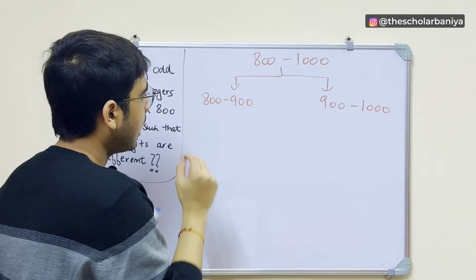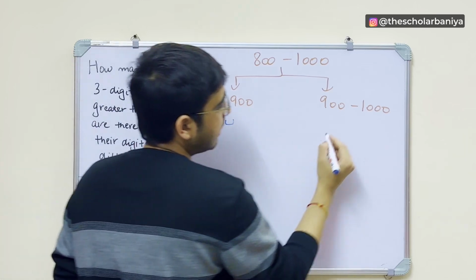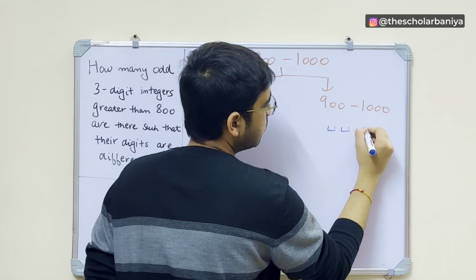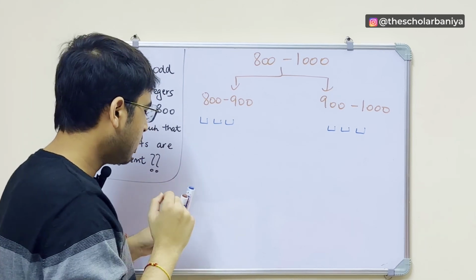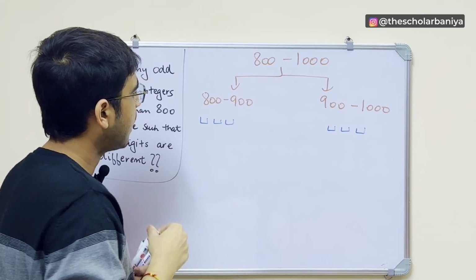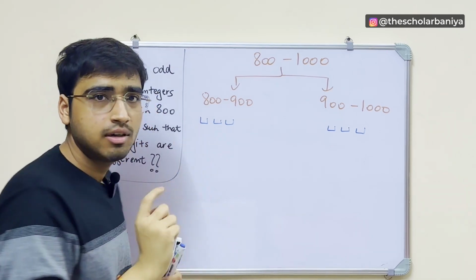Now we have a 3-digit number over here and a 3-digit number over here. How many possible options do we have for the first digit?